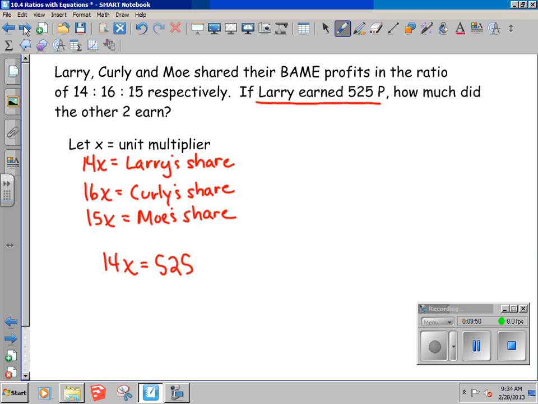Very good. What would be an expression for the sum of their money? 14x plus 16x plus 15x. Yeah, good. Okay, so be careful and read carefully.